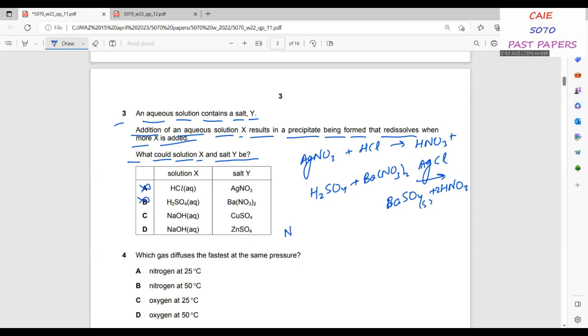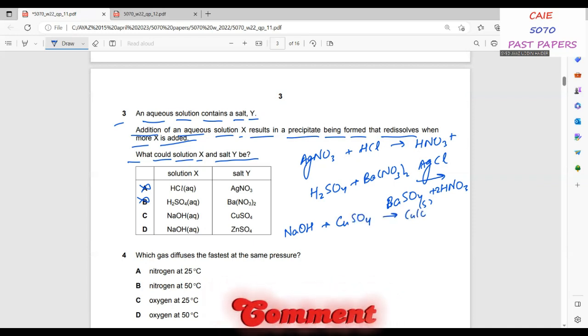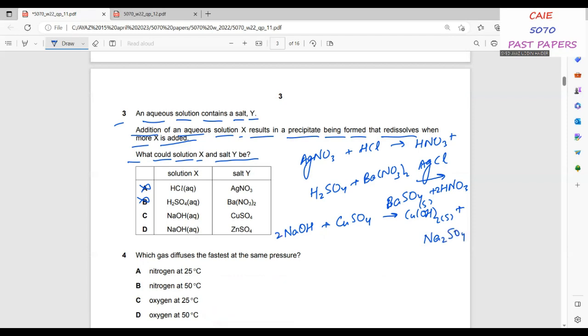When you react NaOH plus CuSO4, you will get copper hydroxide, Cu(OH)2, an insoluble blue precipitate, and Na2SO4 aqueous, which does not dissolve in excess. So we are left with only one choice. D should be correct because ZnSO4 when it reacts with NaOH produces Zn(OH)2, which redissolves in NaOH.